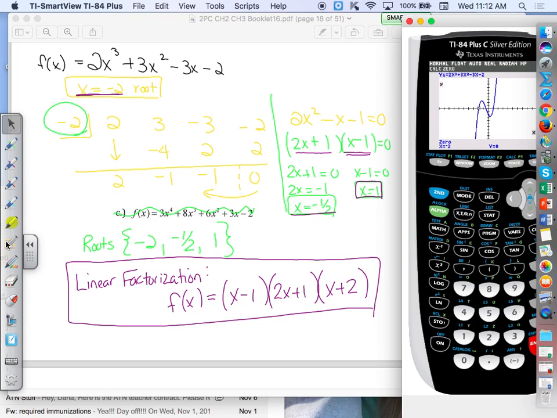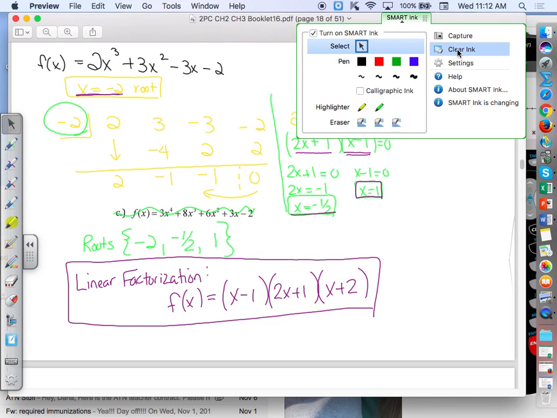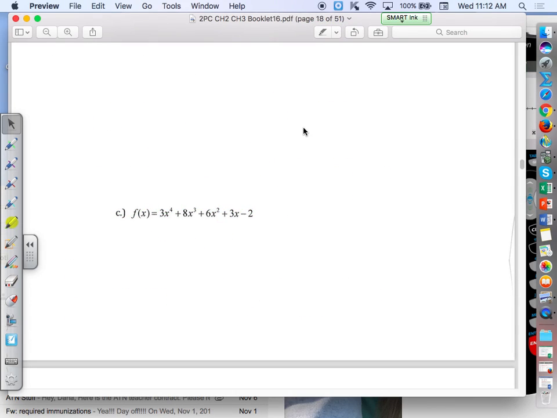Okay. You can either start the homework, or I'll do one more example if you feel like you need one more to look at. Same idea here. So let's try this one then. x cubed plus 2x squared minus x minus 2.